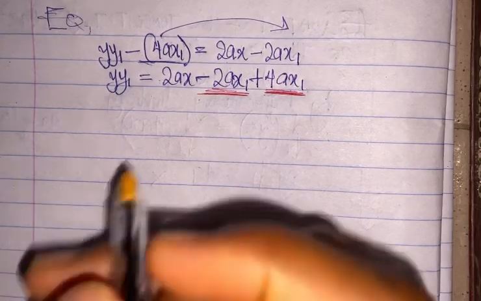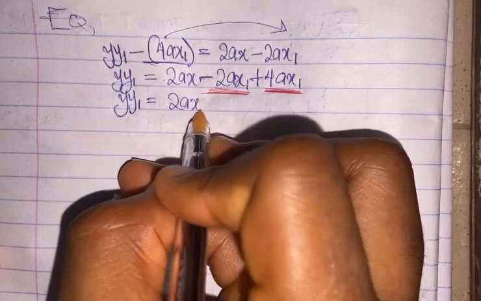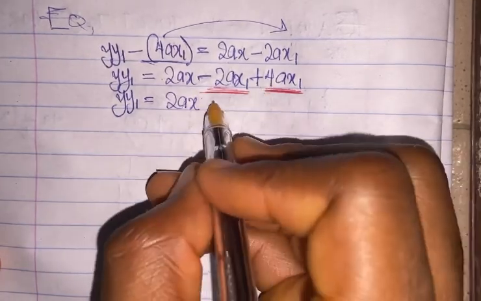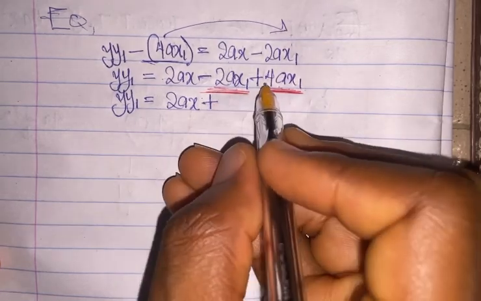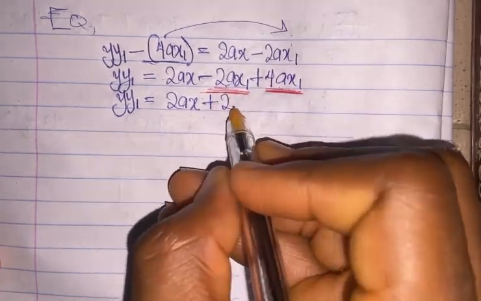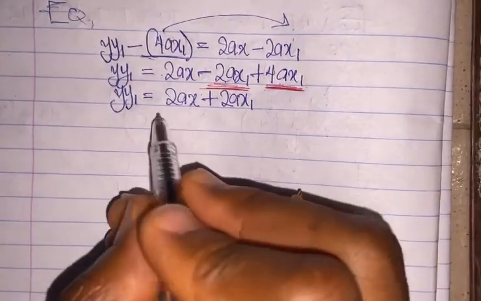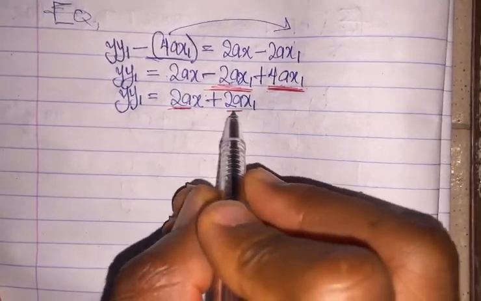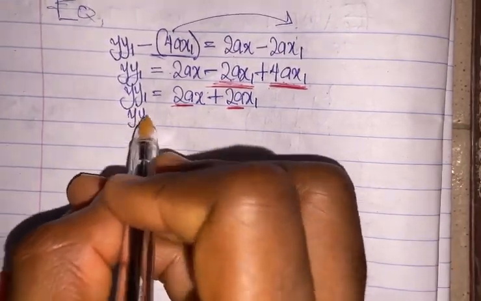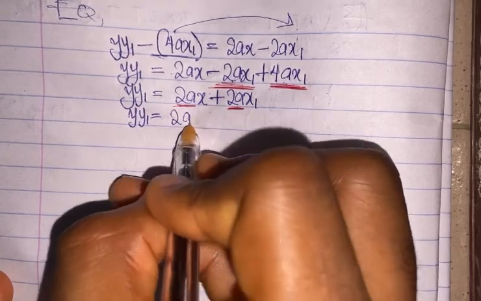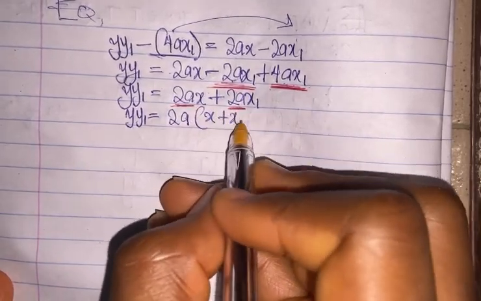So this will now become y1y equals 2ax plus 2ax1, because 4 minus 2 is 2. Then what do you notice is common here? 2a is common, so we can bring it out. y1y equals 2a into x plus x1.